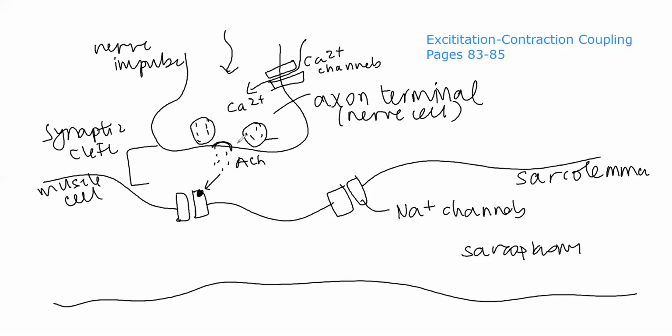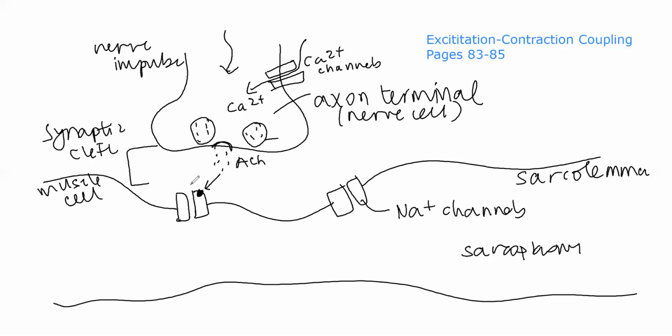These vesicles hold a neurotransmitter called acetylcholine. They rupture like a blister, and acetylcholine travels across the synaptic cleft and binds to a receptor on this sodium channel sitting on a nearby muscle cell. All right, so these are the steps of excitation.